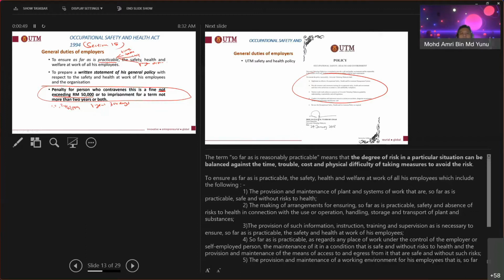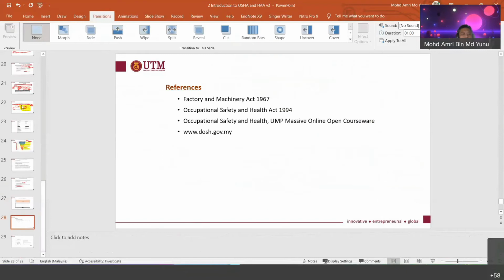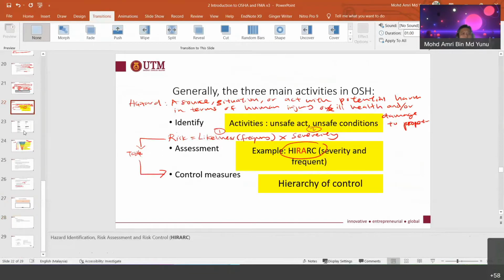So when working with safety, we have to look at the duties of the employers and also the duty of the employee. Of course, both have to work together to identify the hazard.